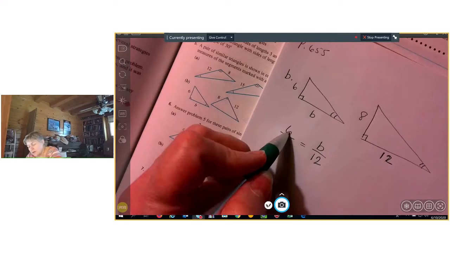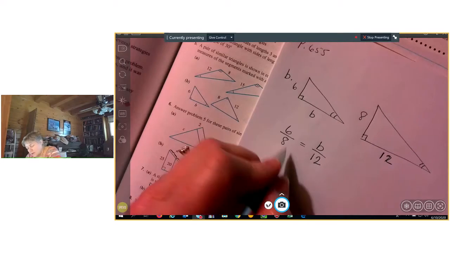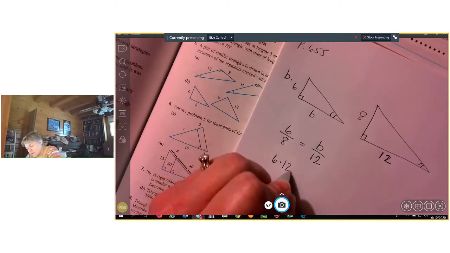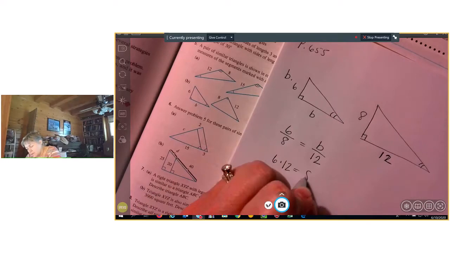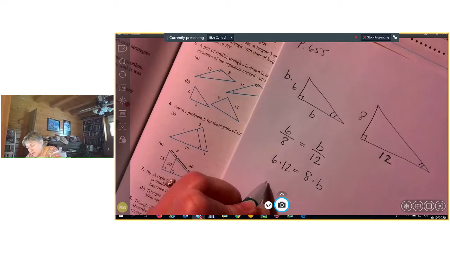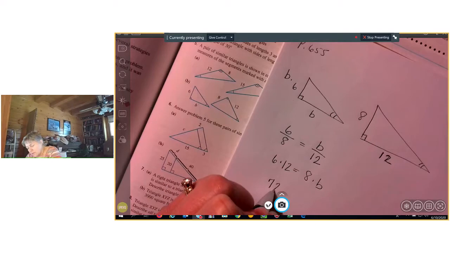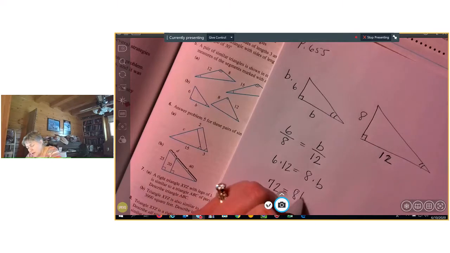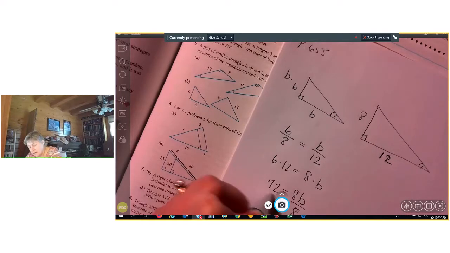So 6 times 12 is equal to 8 times B. So 72 is equal to 8B, divided by 8, and we get 9 equals B.